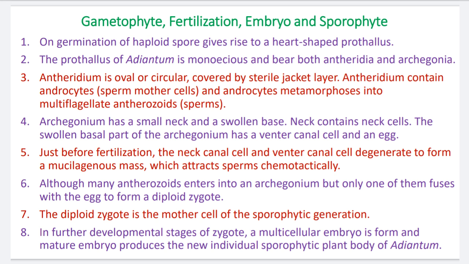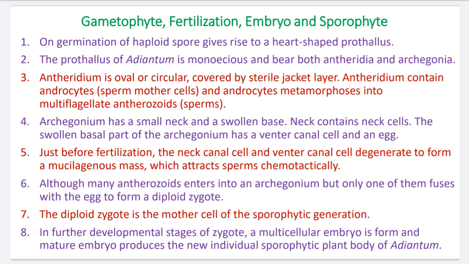Then the gametophyte means the gametophytic plant body. The gametophytic plant body is also called the prothallus. Why is it the gametophytic plant body? Because it produces the male and female gametangia, antheridium and archegonium. These are involved in sexual reproduction, and the sperm released from the antheridium fuses with the egg present in the archegonium, and fertilization is over, and the diploid zygotic condition is formed.